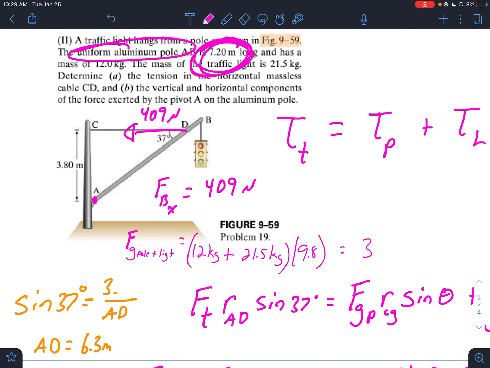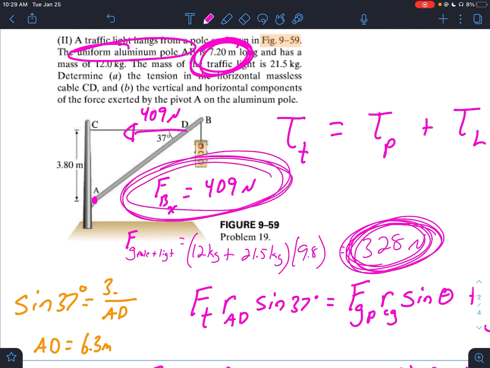And we get about 328 newtons. So the vertical component on the bolt is the 328, and the horizontal component is the 409.